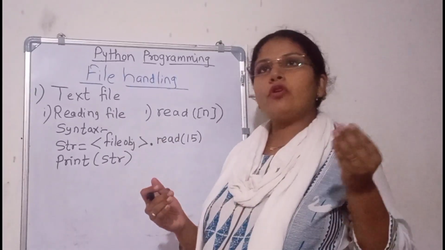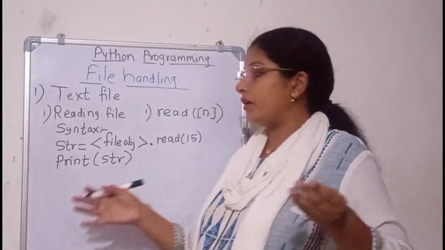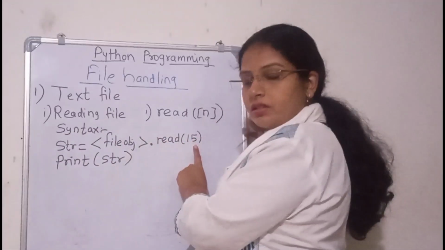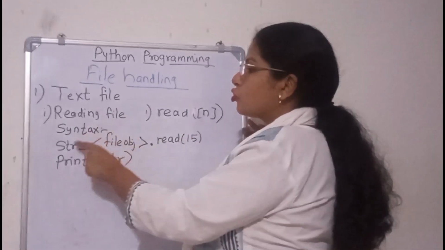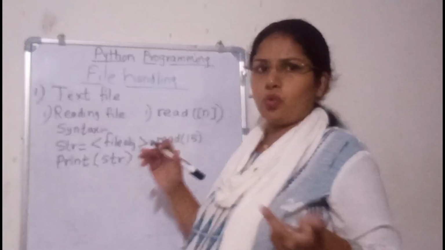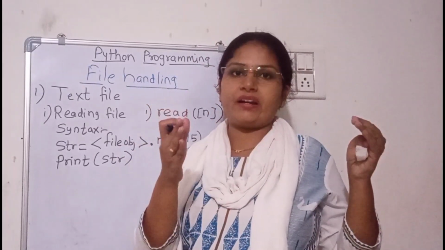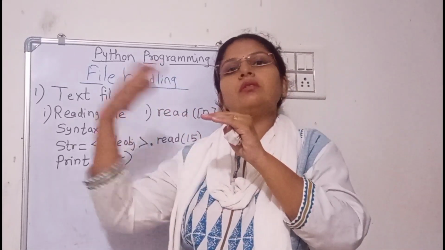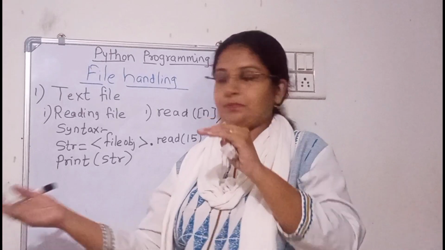Suppose I want to read the next content. I have already read the first 15 bytes, stored them into str, and printed that str. So I know these are the first 15 characters from my file. Now I want to read the next 20 characters.